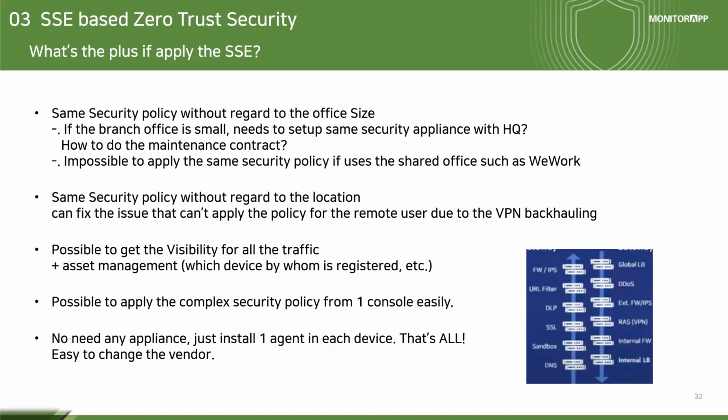Also, if some branch is located in a shared office like WeWork, it's basically impossible to apply the same security policy. But in the SSE platform, we can have the same security policy without regard to the office size.